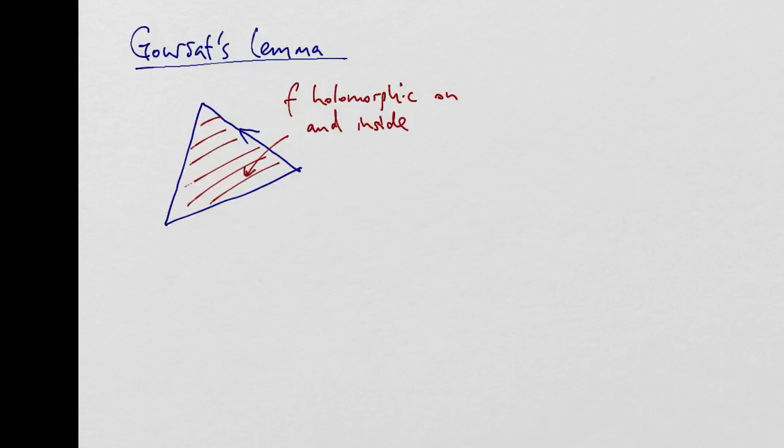Okay, so this means we can differentiate this complex function anywhere in the triangle or very, very close to the triangle. So what does this tell us? Well, Goursat's lemma says that in this situation, if we integrate along the path, then in fact we get 0.